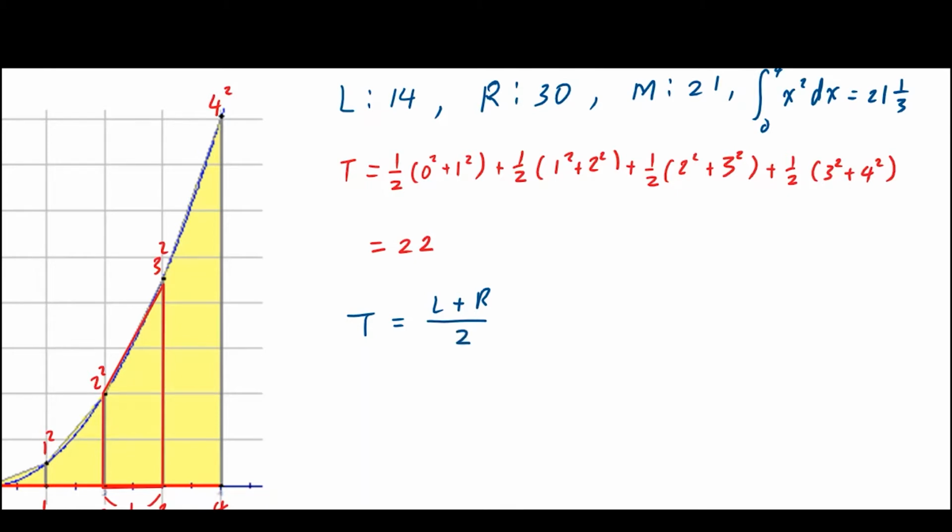I mean, in this case it is, right? If you add the two and divide by 2, then you get 22, don't you? But is it always the case? Can you tell by looking at this and remembering back to left rectangle and right rectangle?